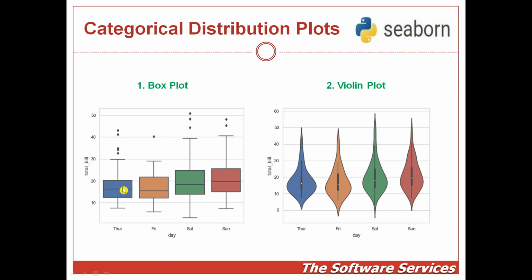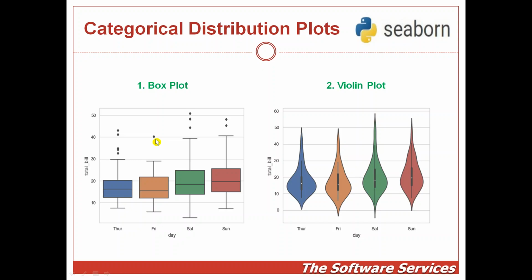Okay, and then when coming to Friday, the box size increases. So it was distributed from, say, some 12 to, say, some 23, like that. Okay, and then this is the minimum, and this is the maximum. These are the outliers.